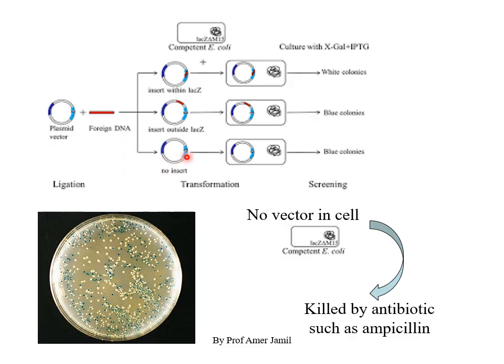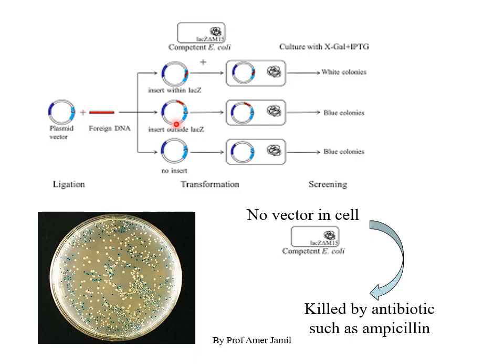Another possibility is that the plasmid DNA enters the bacterial cell, but there is no insert, meaning no gene present in the multiple cloning site. In this situation, we get blue colonies.